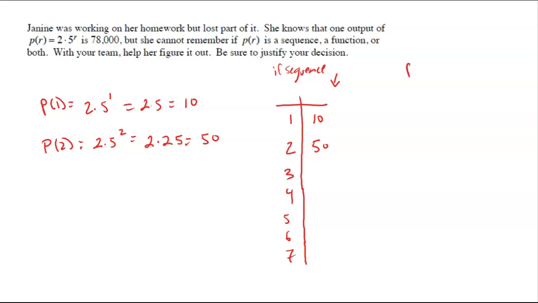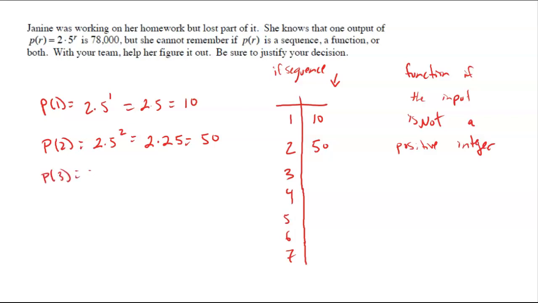If it's a function, the input is not a positive integer, okay? And so this is where we kind of need a calculator. So let me start plugging in some numbers.